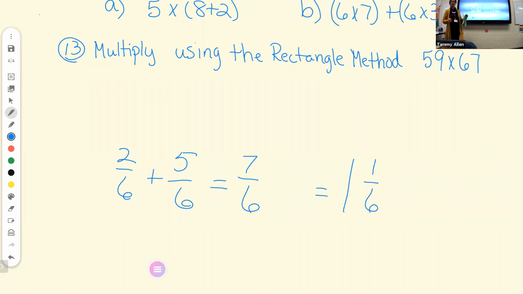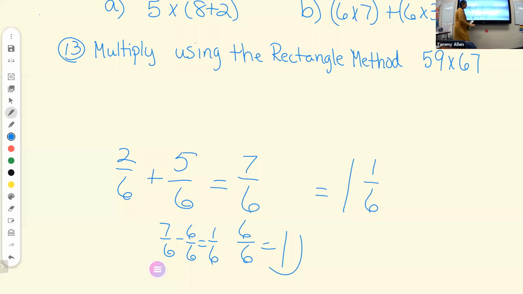If you took 7 from 7, you wouldn't have any fraction. But that's not why. Finley? 6 sixths equals 1 whole. So we get rid of 6 sixths and change it to 1 whole. That leaves us with 1 sixth left over, so we have 1 whole plus 1 sixth. That's where that comes from.